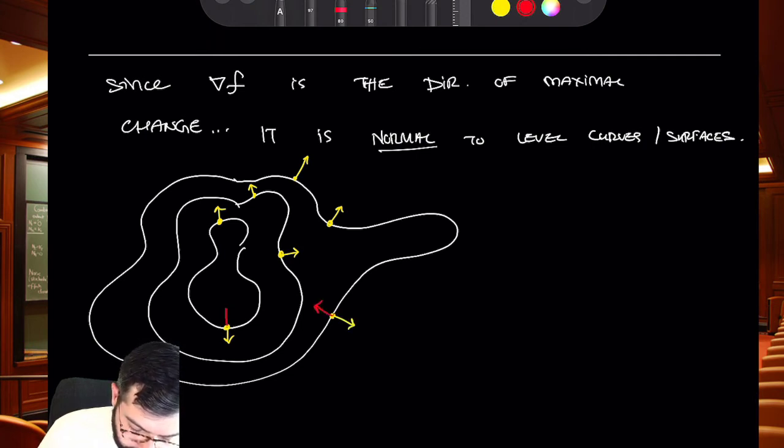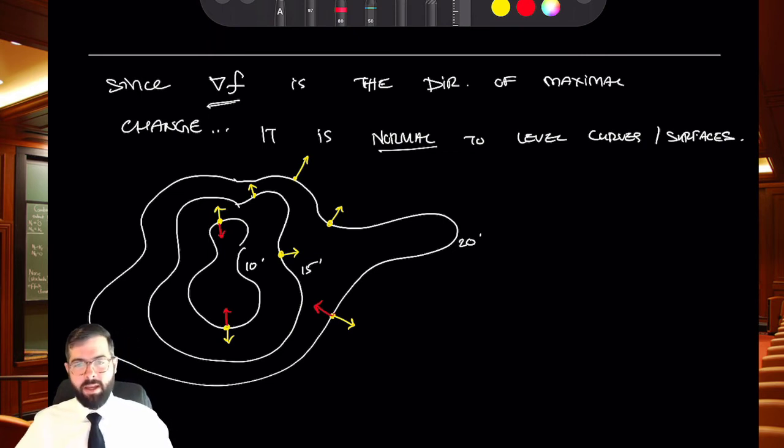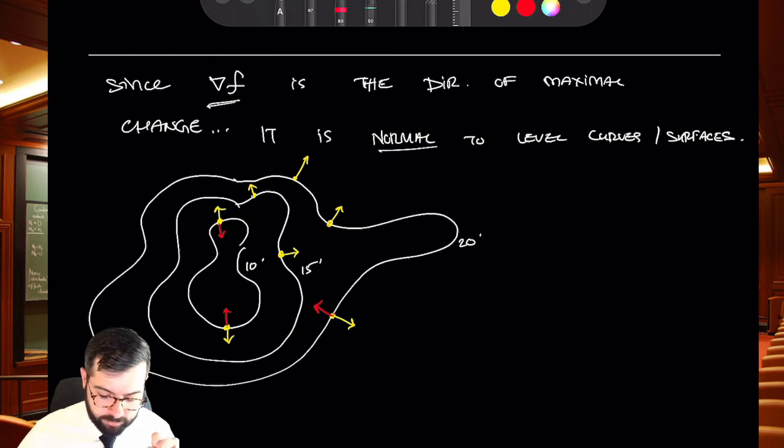And then if this was like a valley in the middle, let's say this was 10, 15, 20 feet. At each point, it's assigning this little vector, okay? And that vector is normal to the contours. Okay, normal to those level curves.